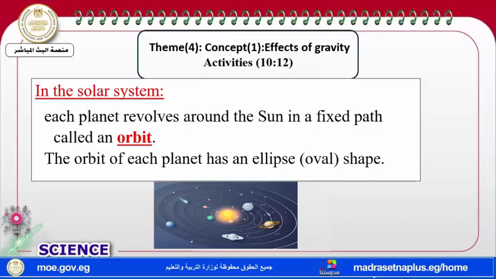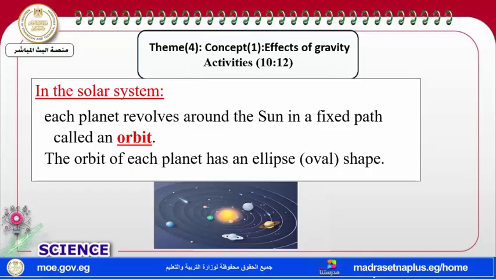In the solar system, each planet revolves around the sun. And this motion is called a revolution. It happens in a fixed path, and this path is called an orbit. Again, the path is called what? Orbit.